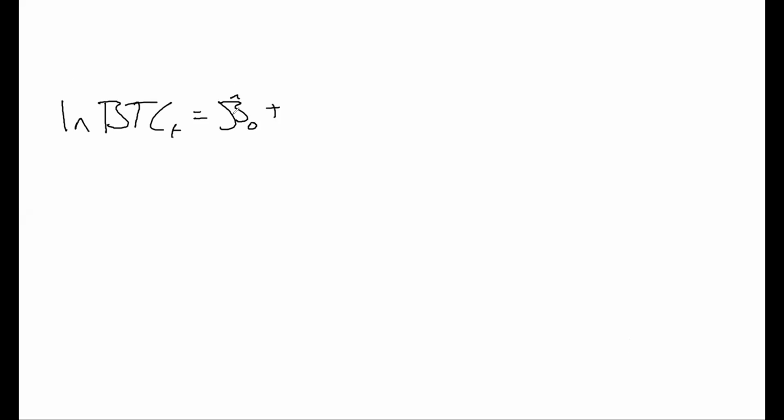So we're going to get an estimate for beta 0, an estimate for beta 1 multiplied by the log of stock to flow, plus our error. This is the specification of the regression. We're going to use ordinary least squares in order to estimate our coefficients.